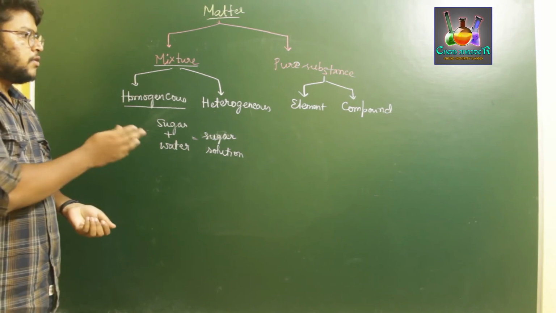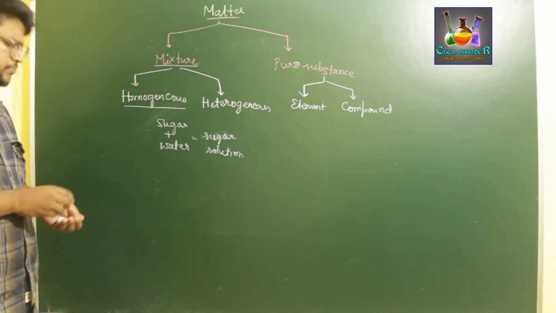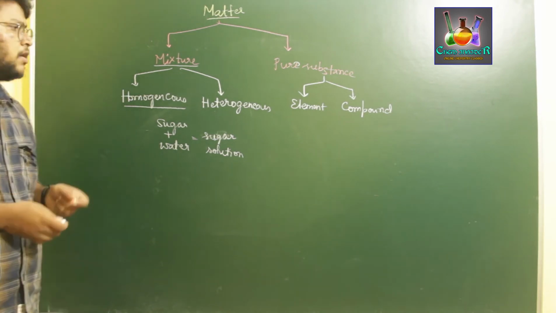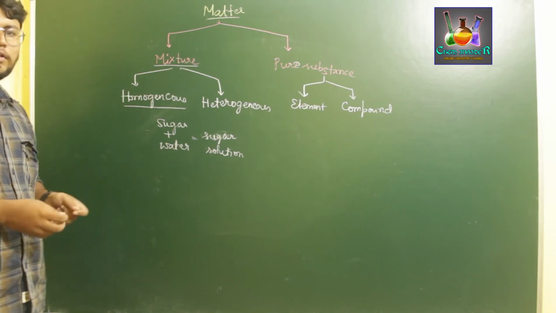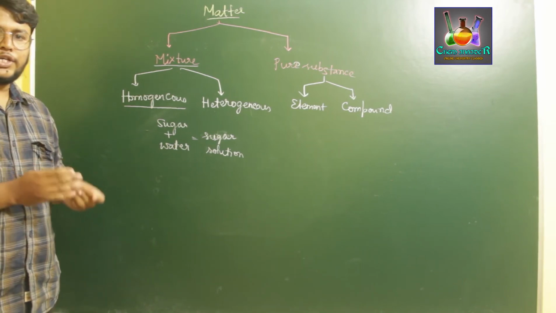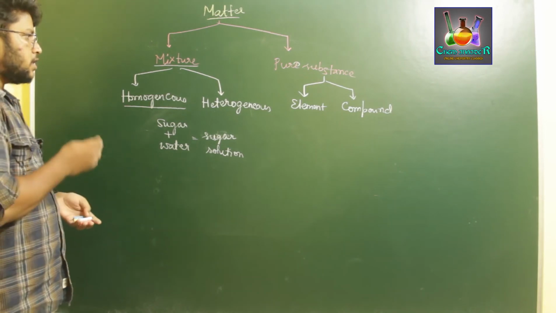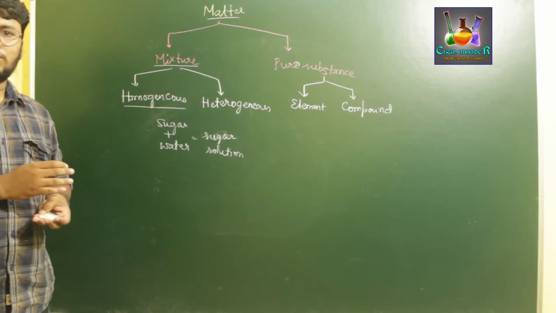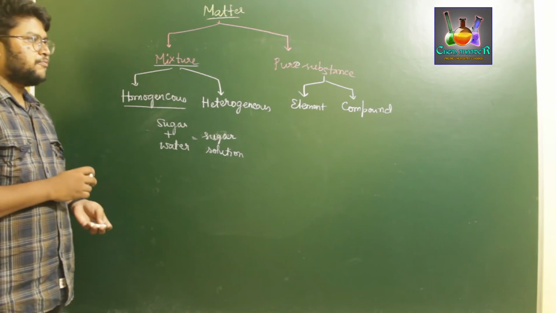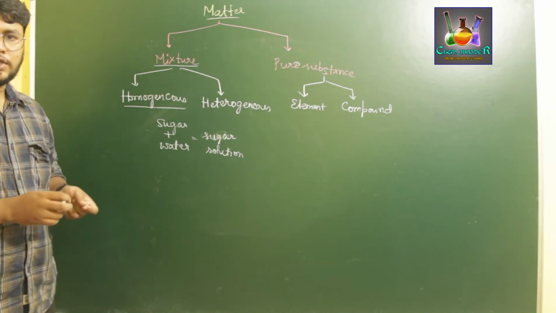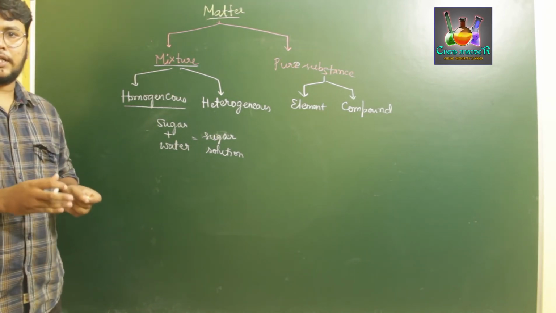Next, for the elements and compounds, what is a pure substance first? A pure substance is one which has a fixed ratio of composition, whereas in the case of mixtures the composition is not fixed. In pure substances, the composition is completely fixed in a particular ratio.